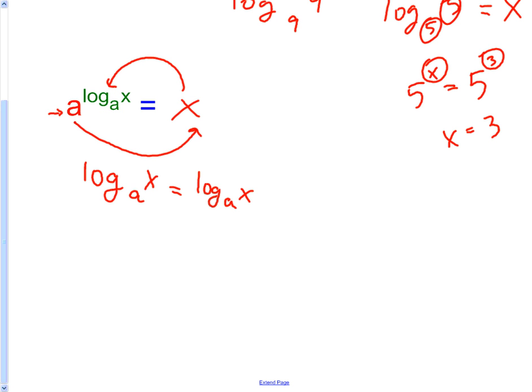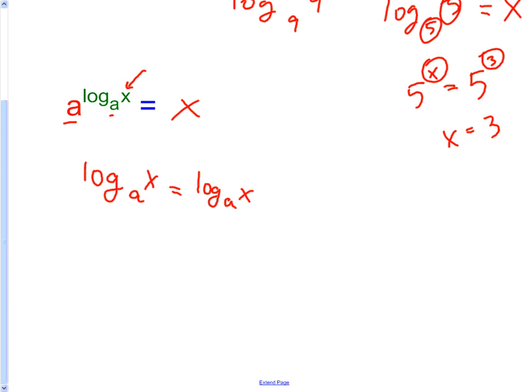Log base a of x is equal to log base a of x. That means I made a true statement, which means that x really has to equal x, which means that the answer is whatever x is. Just like on the last one.